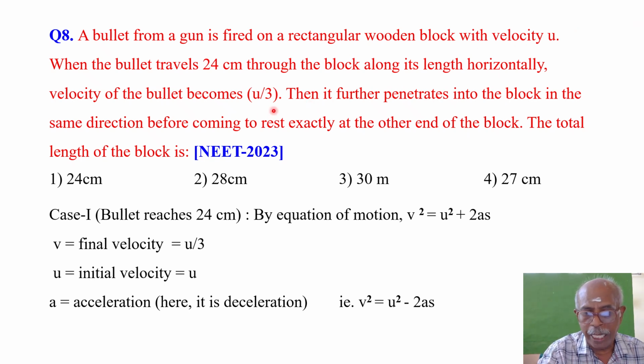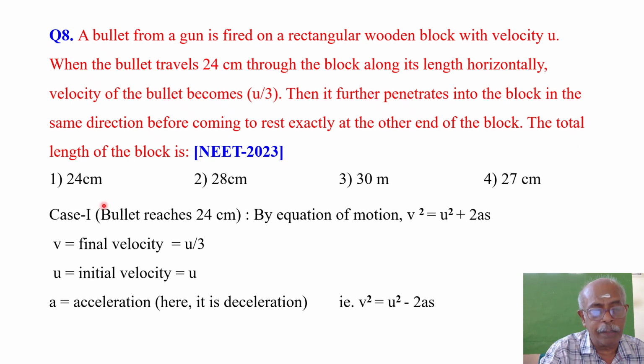It means that as the bullet travels inside the wooden block, its velocity decreases. Then it further penetrates into the block in the same direction before coming to rest exactly at the other end of the block. So continuously the velocity decreases and finally the bullet becomes rest exactly at the other end of the block.